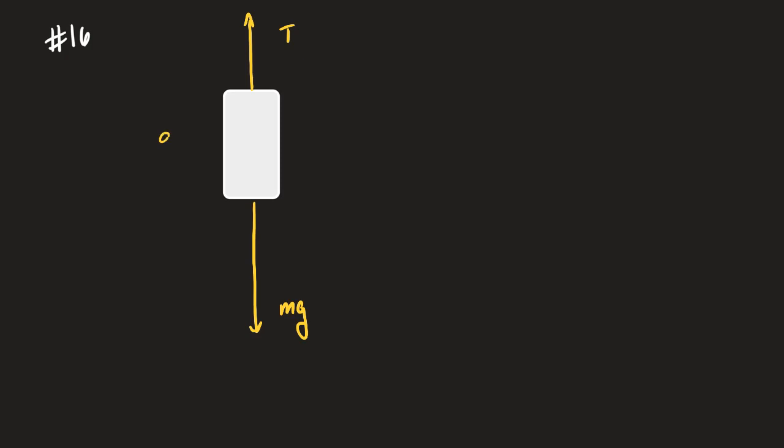The elevator. Can we all recognize that for the elevator to accelerate downwards, there's got to be the force of gravity downwards and the tension upwards. It is a 900 kilogram elevator.